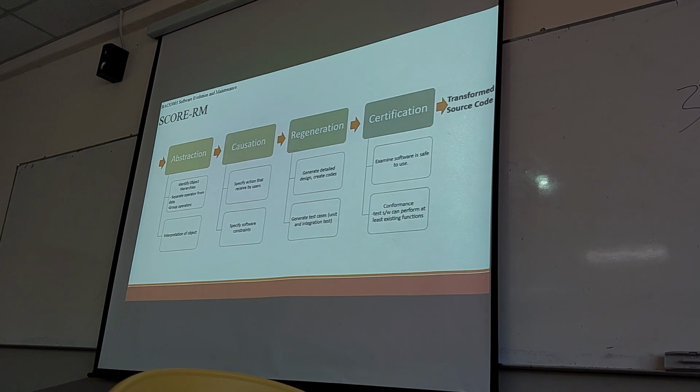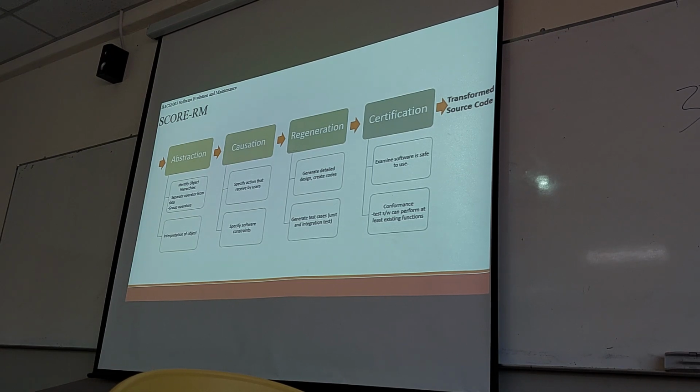Then we come to this process: abstraction, create the object hierarchy. It means to correct the object structure and separate out the data from the operators. We need to know the data and group the operators.